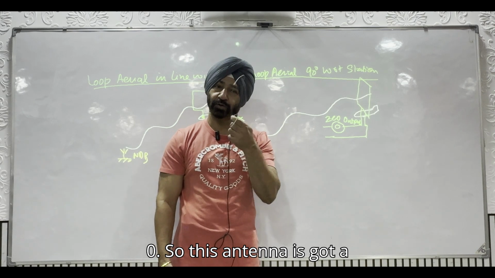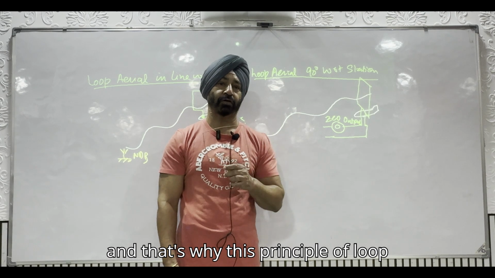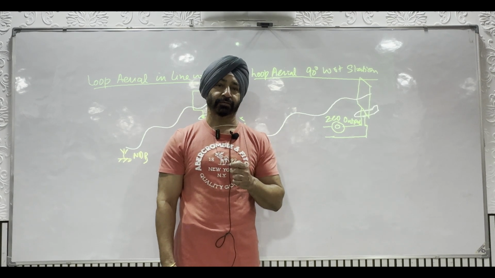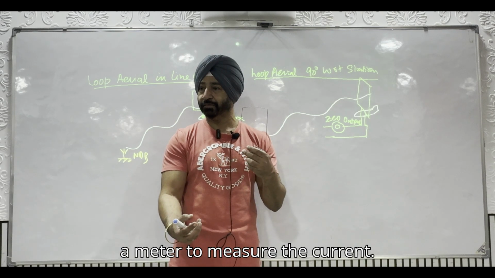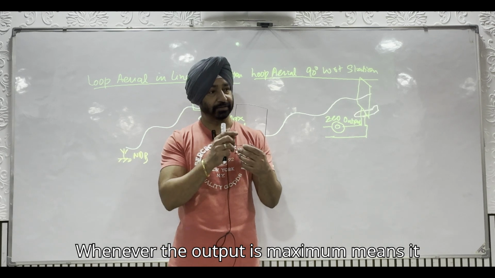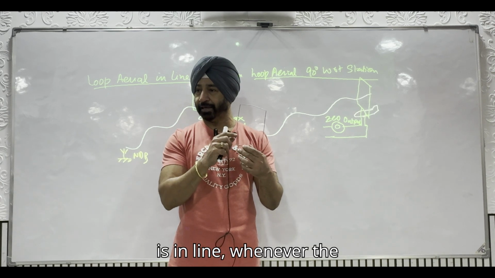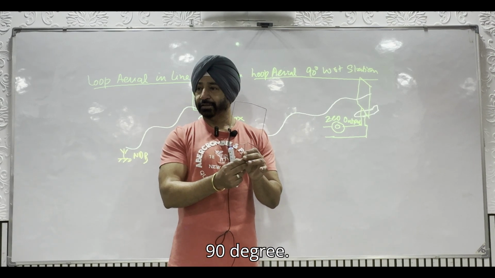So this antenna has got a directional property, and that's why, with this principle of loop theory, all I need to do is put maybe a meter to measure the current. Whenever the output is maximum, it means it is in line. Whenever the output is 0, it is 90 degrees.